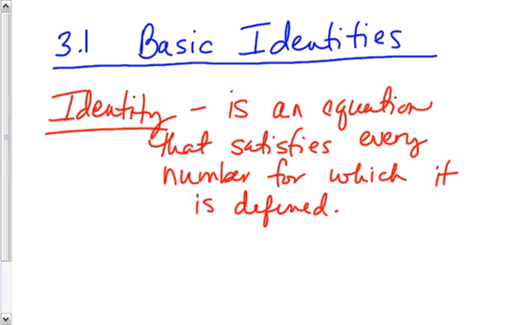Remember that sometimes they give you equations and say this is for all integers, or for all real numbers, or for everything but zero. That's what "for which it is defined" means.